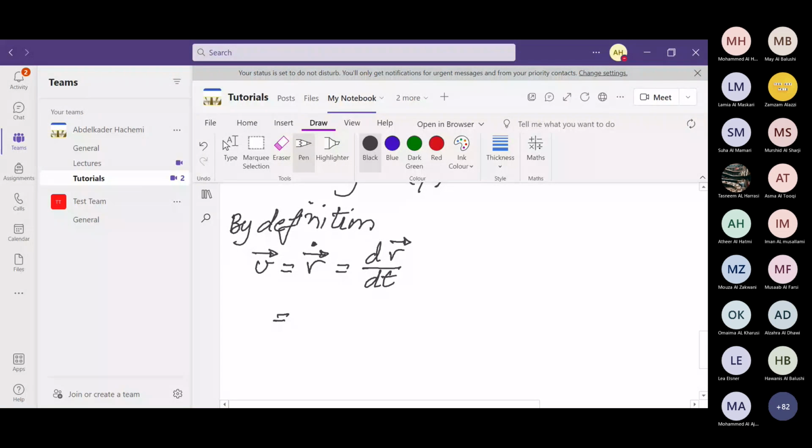If we replace R by its expression given in the first question, now we have d over dt of the expression Vr divided by omega multiplied by phi ER.